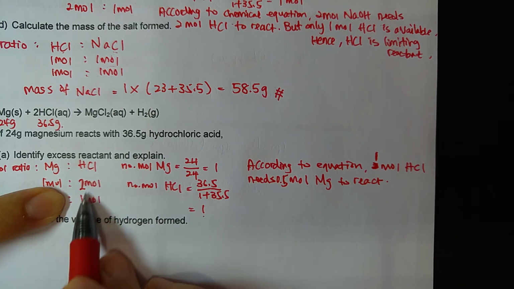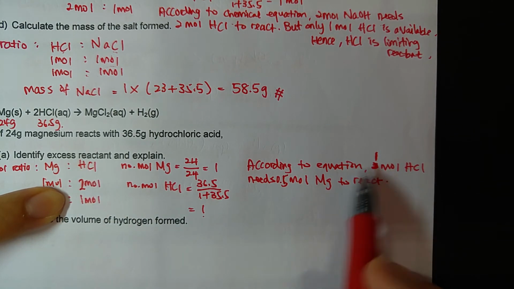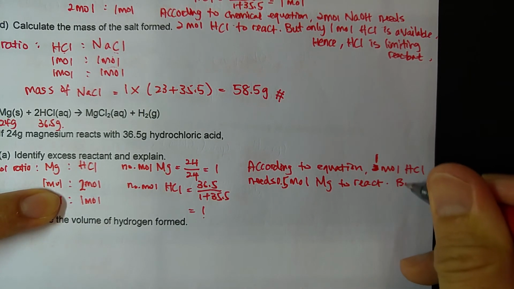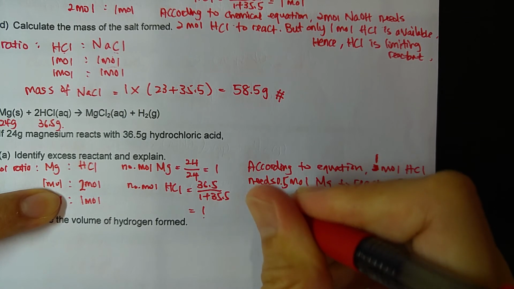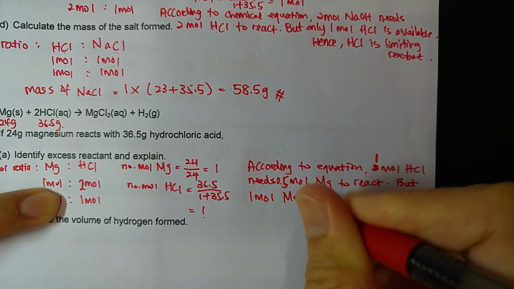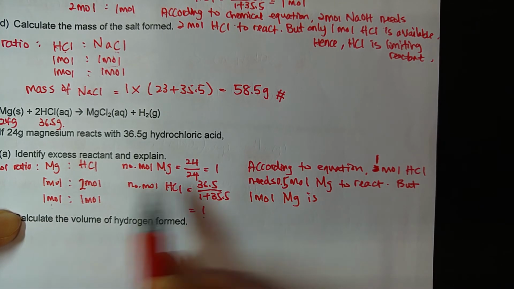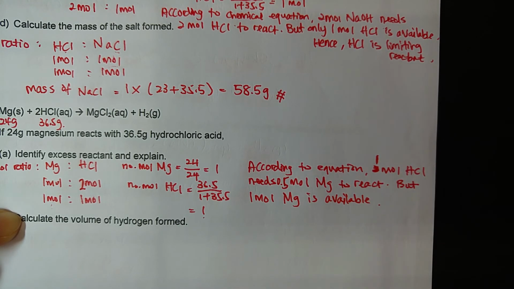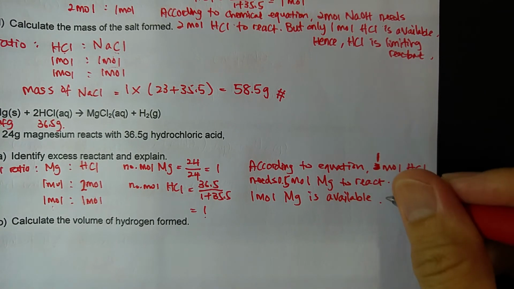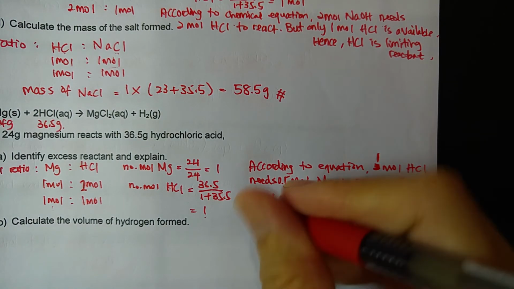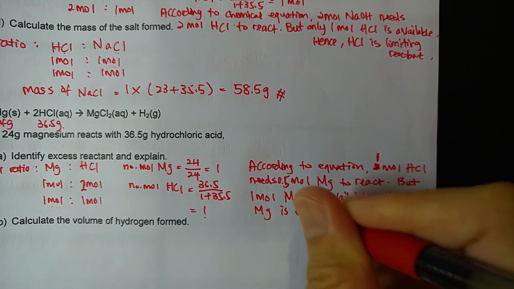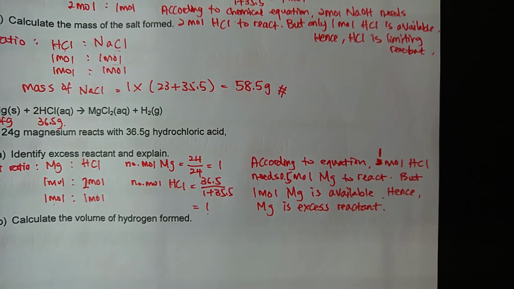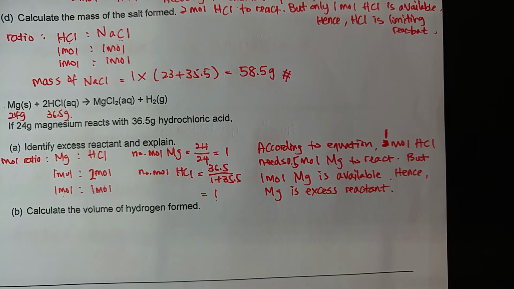But 1 mole of Mg is available. So what is available is more than what is needed. Hence, Mg is excess reactant.